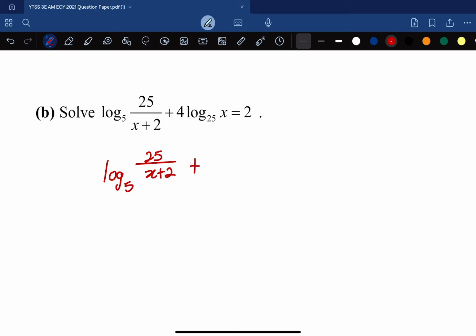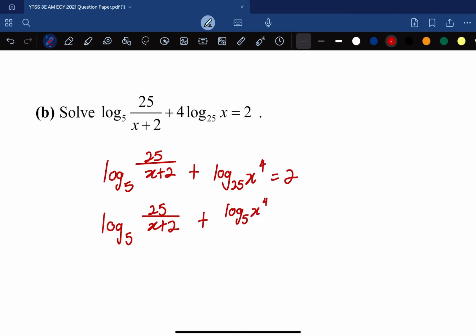Plus, before we do the log conversion, we can make this to log 25x power 4 first, equals to 2. Okay, then from there, next step, I can now do the change of base. Log base 5, 25 over x plus 2 plus log base 5x power 4 over log base 5 25 equals to 2.